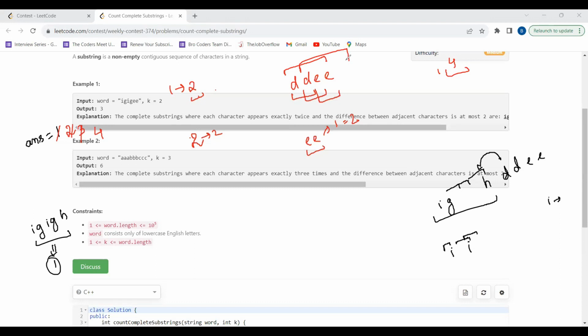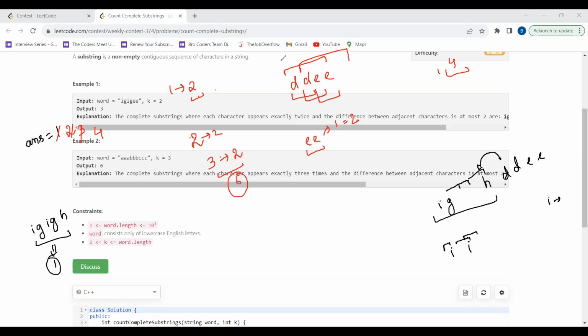Now we'll move to the next case where we have 3 unique characters, each character occurring exactly 2 times. So what should be the length of that substring? It should be 6.